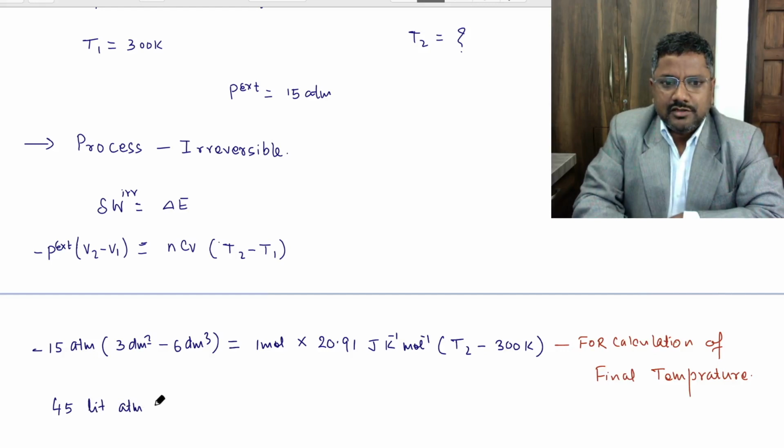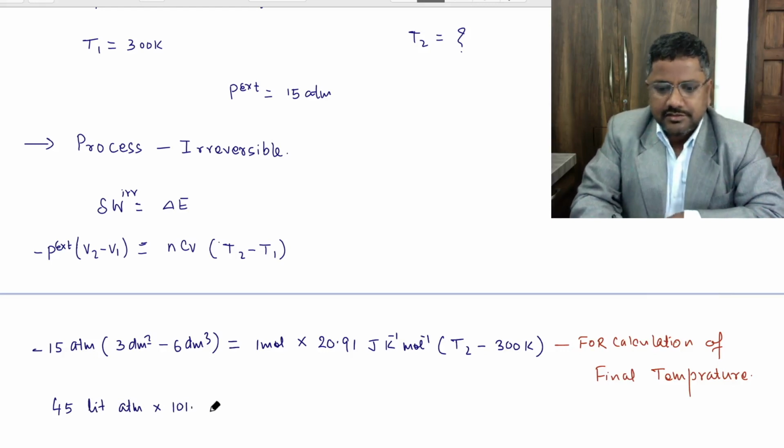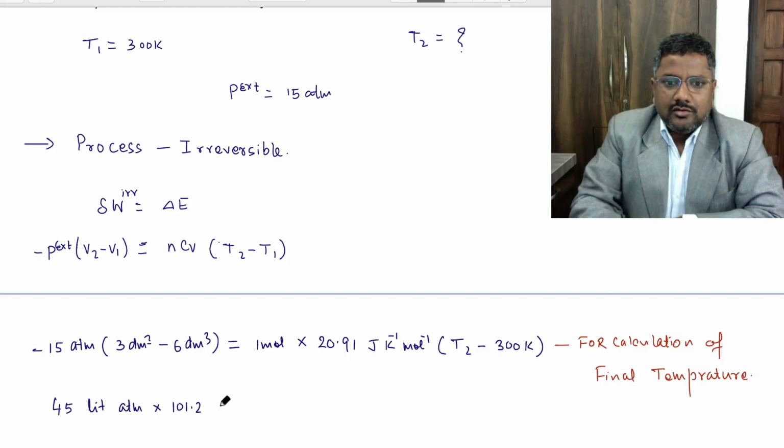So we can multiply this by 101.3 joules per liter atm.